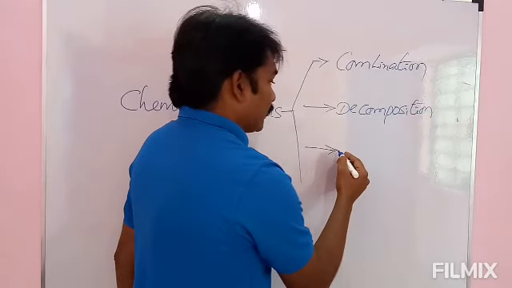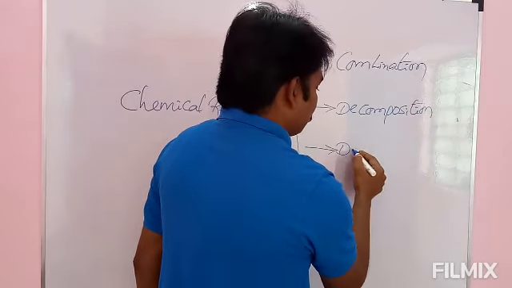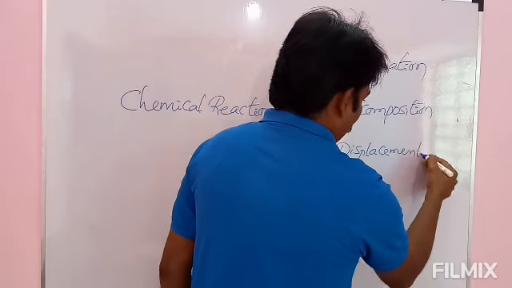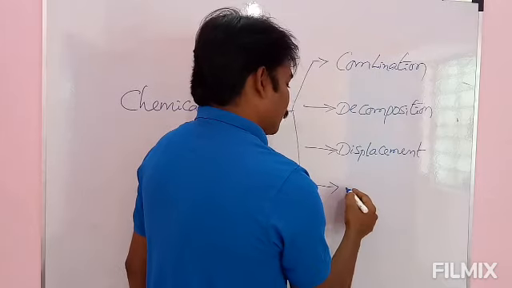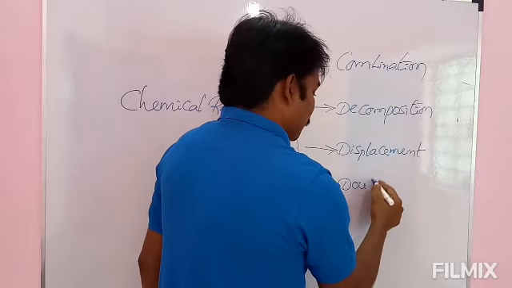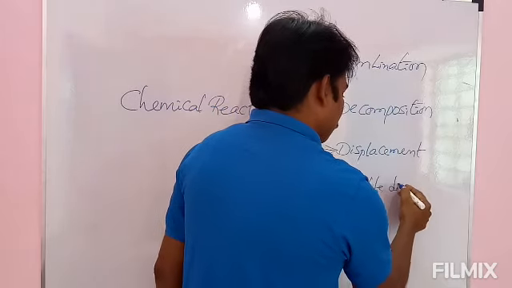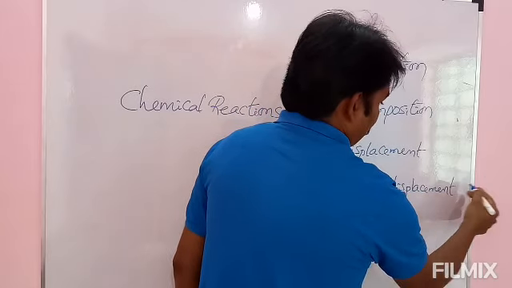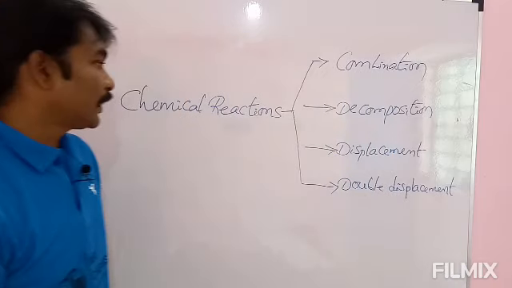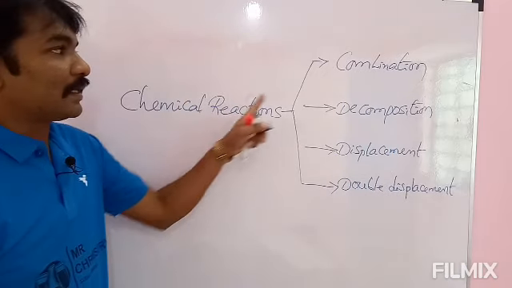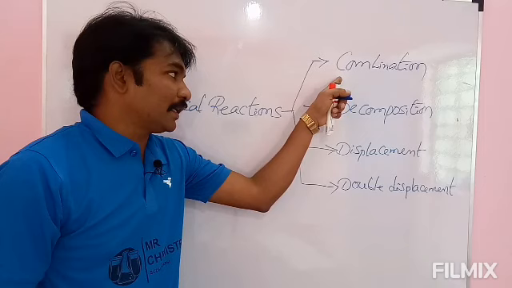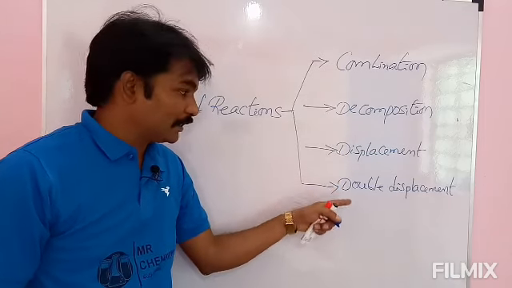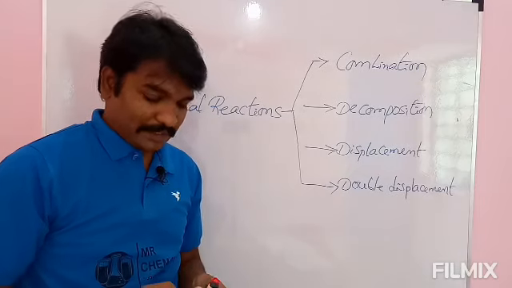And third one, chemical displacement reaction. And fourth one, chemical double displacement reaction. Chemical reactions are classified into chemical combination reaction, chemical decomposition reaction, chemical displacement reaction, and chemical double displacement reaction.